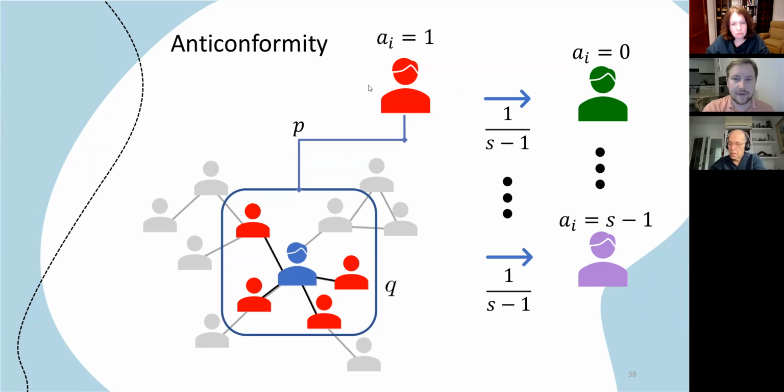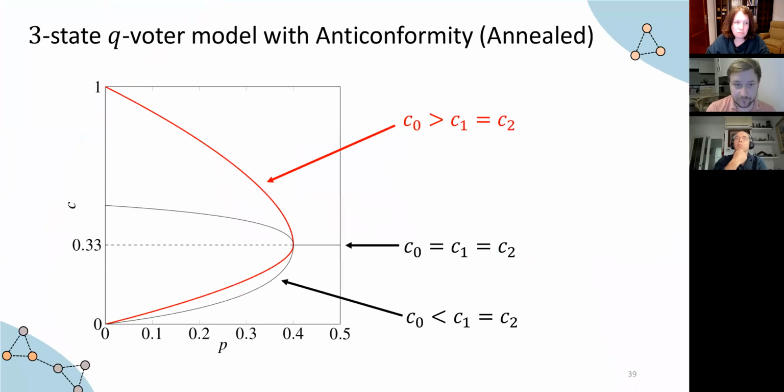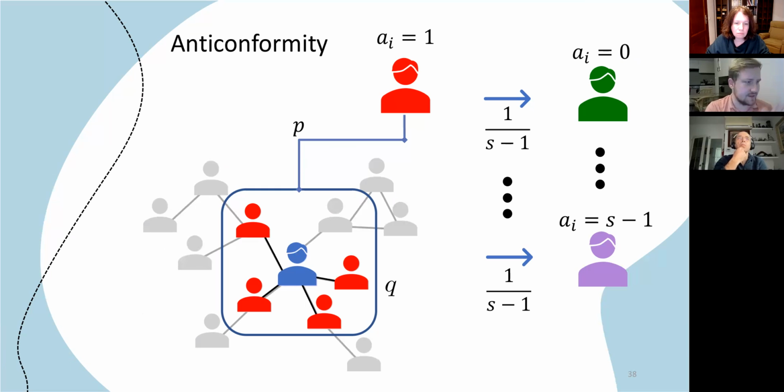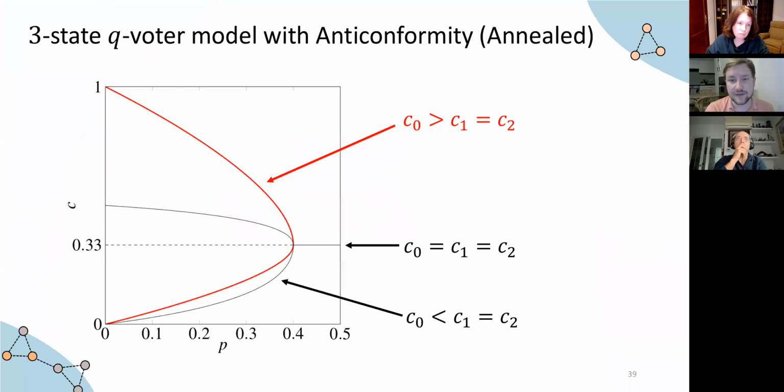If my value is, for example, 0 and the neighborhood is 1, I am different, so I don't need to change. But if I am the same, I need to pick one of the remaining values. And I have s-1 possibilities, each equally probable to pick. So basically, I pick one of the s-1 remaining solutions. And the conformity is exactly the same as previously. If the neighborhood has some opinion, I will apply this opinion to myself.